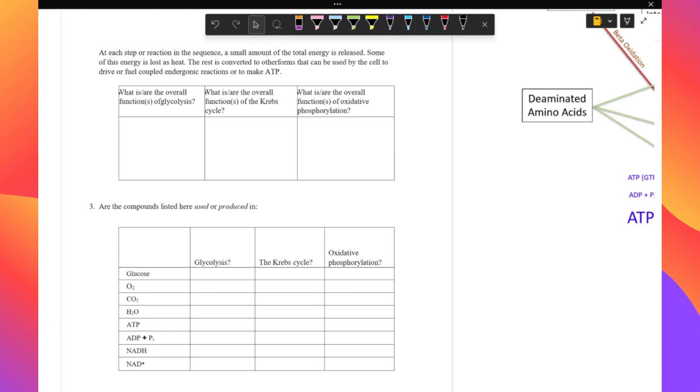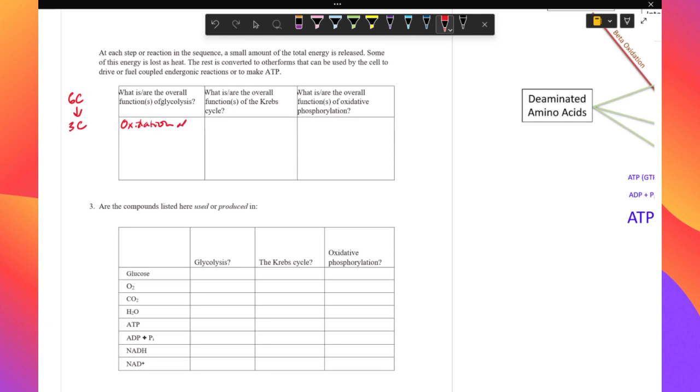So, what is or are the overall functions of glycolysis? The function of glycolysis is the oxidation of glucose into 2 units of pyruvate. So glucose is a 6 carbon molecule. Pyruvate is a 3 carbon molecule. So we're getting this conversion to a smaller unit. And this would be catabolism, remember from our last worksheet.